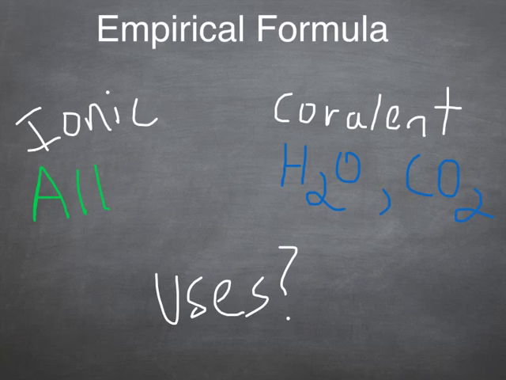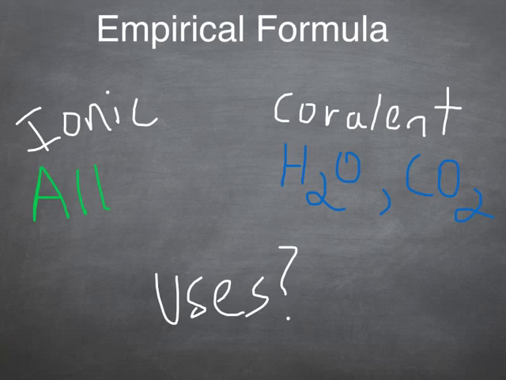To determine what it is, I put it into a machine called a mass spectrometer. That mass spectrometer will do a couple of things. It will determine the molar mass of that substance, and it will also give me the empirical formula of that substance. It will tell me the lowest possible ratio of each atom in that substance.